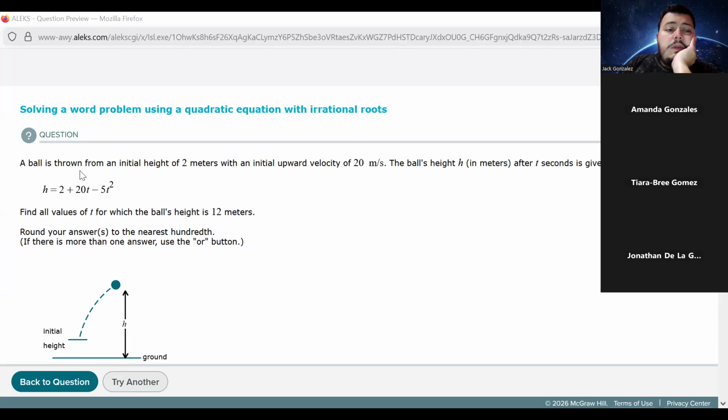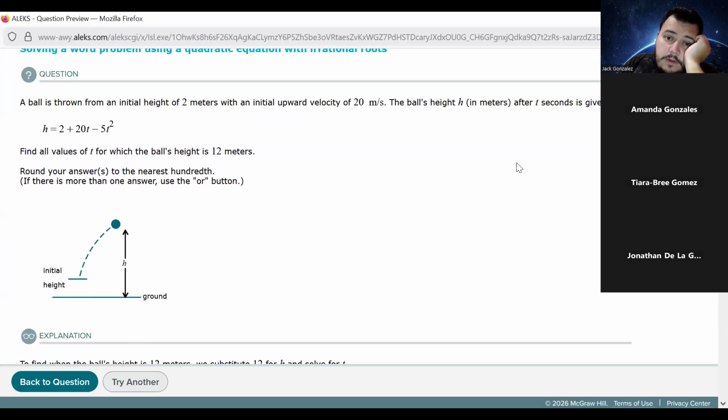So they have this equation that models the ball being thrown into the air. Let's see. Find all values of t for which the ball height is 12 meters.